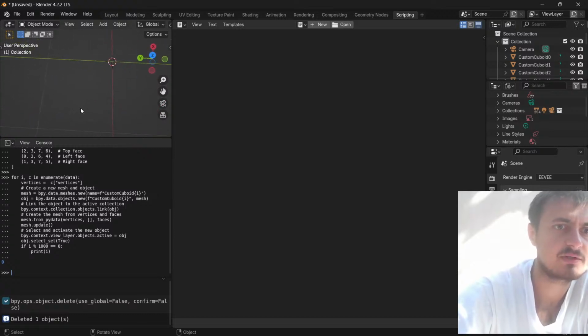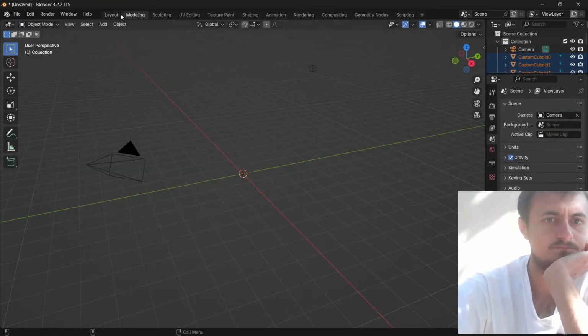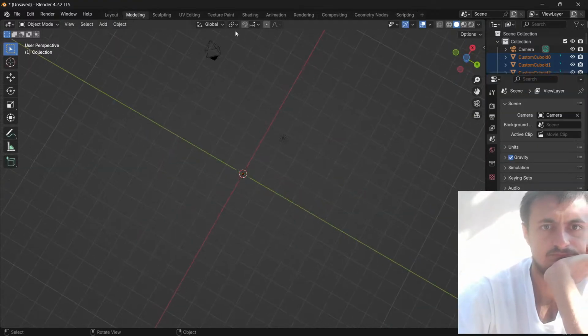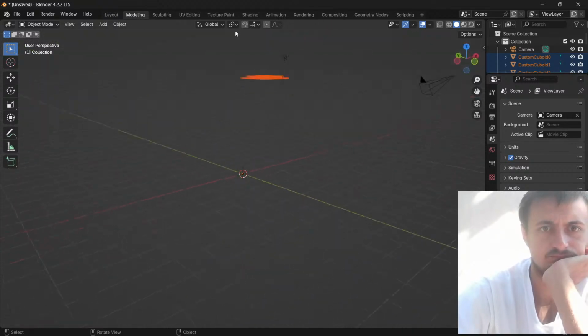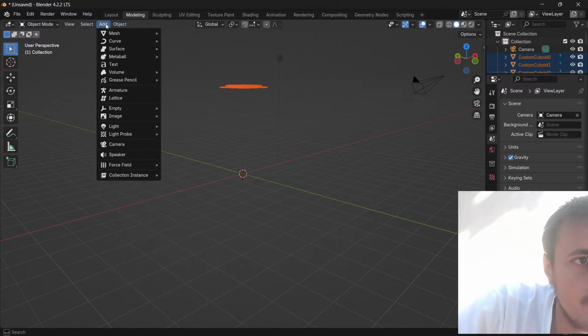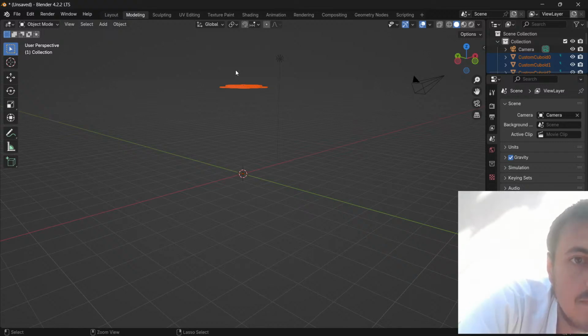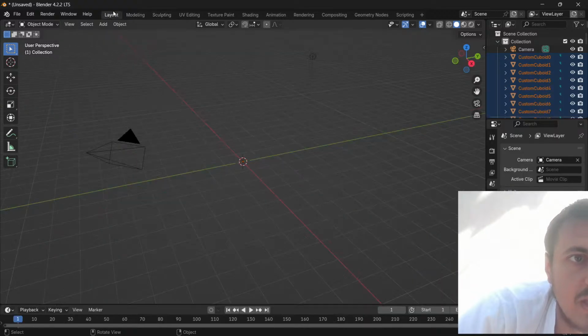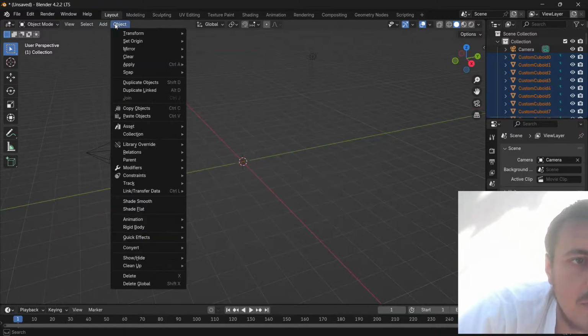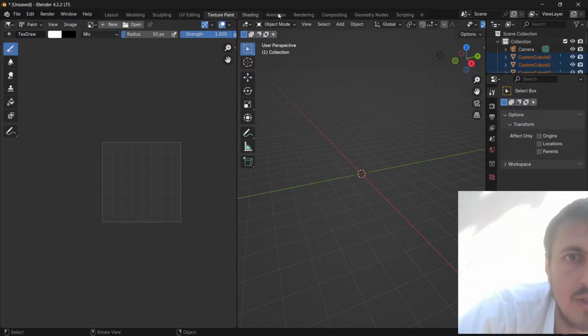What is that? In layout? Where do you do the joining?